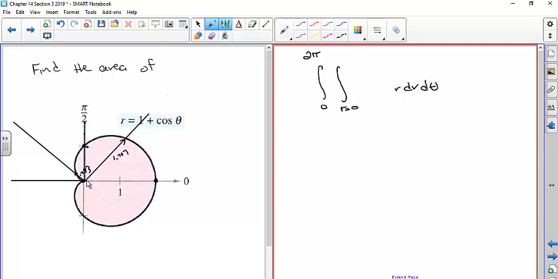If you think about a little incremental d theta thing, the inside is just the origin, and the outside is going to be r equals 1 plus cosine theta. That's the outside radius.